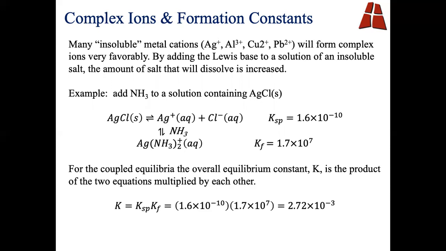For the coupled equilibria, we can determine an overall equilibrium constant by multiplying these two K values together. KSP times KF gives a total value of 2.72 times 10 to the minus 3rd. So we're still not favoring the overall products of the reaction, but our silver would be a lot more soluble in the presence of ammonia as compared to silver chloride in pure water.